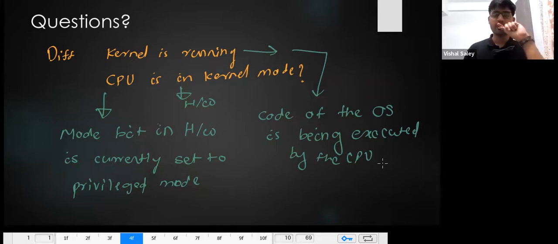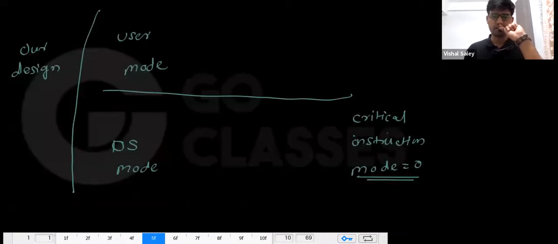Or there are cases where some device drivers get executed, which are not actually part of the operating system but are added later as add-on features. But it is safe to assume that in most cases, whenever the CPU is in kernel mode, it is executing some part of the operating system. So that is the exact difference, but as per our design they have this relation: the CPU is in kernel mode means that the kernel is running. This is by our design only. I hope that is clear.